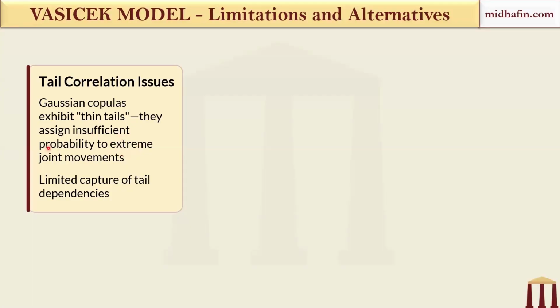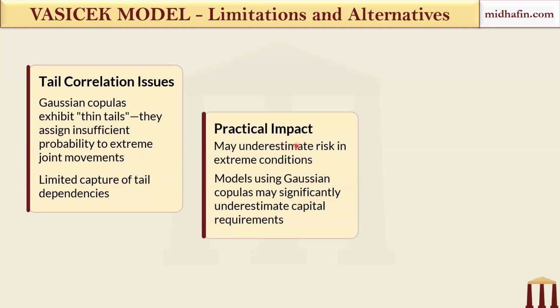So insufficient probability is assigned to extreme joint movements, and that is why you have limited capture of tail dependencies. Now, of course, there will be a practical impact of this. During a financial crisis, as we all know, default correlations tend to increase substantially above normal levels.